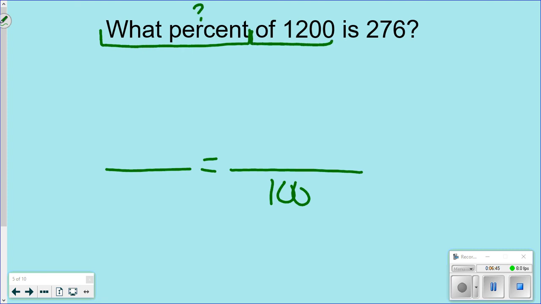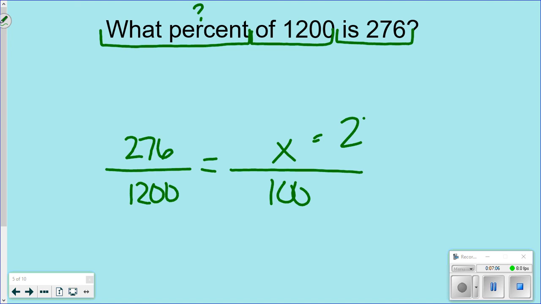Of 1,200 is 276. So my "of" would be down here, or my total, and my part is on top. My percent's what I'm looking for, so that can be my x. I use my cross products: 276 times 100 divided by 1,200, and you get 23. So 23%. So 276 is 23% of 1,200.